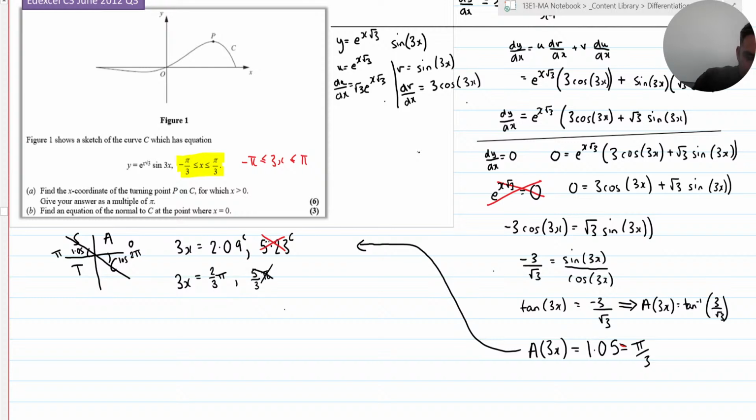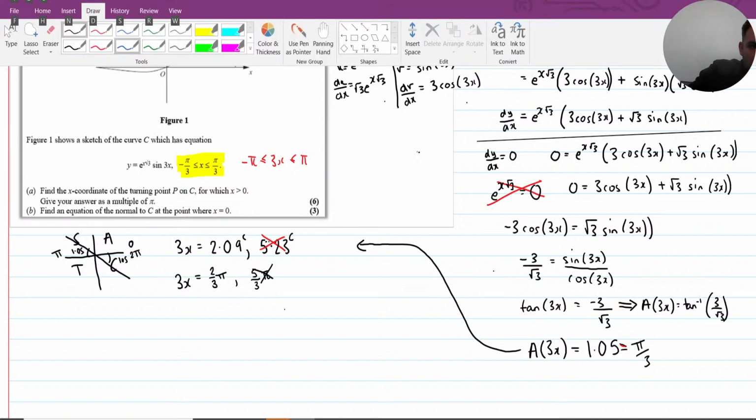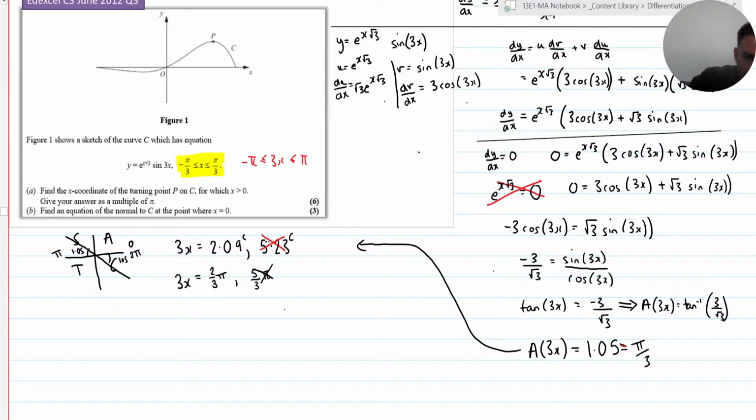But what I do want to think about is if I subtract 2 pi from this, does that give me something which is inside that range there? So minus 2 shift pi, which is equal to this.